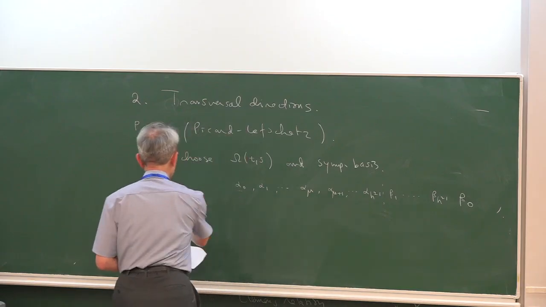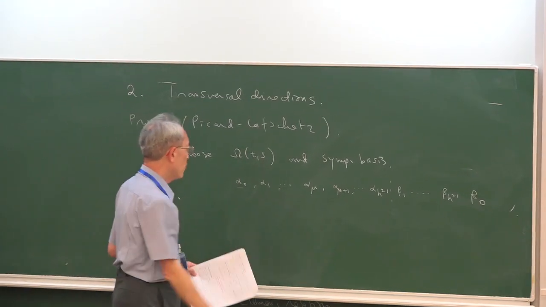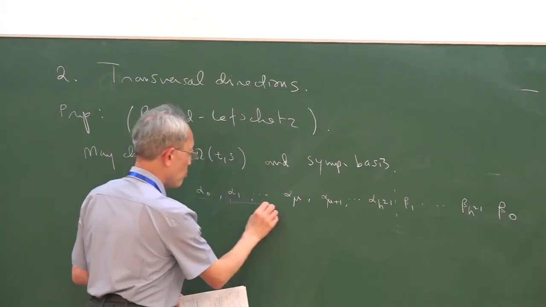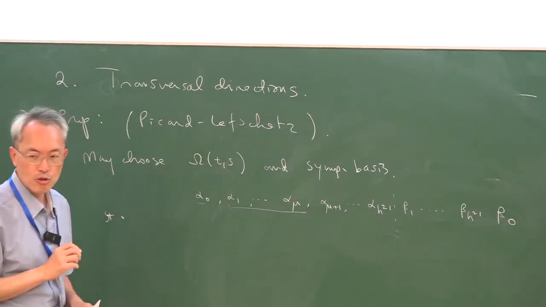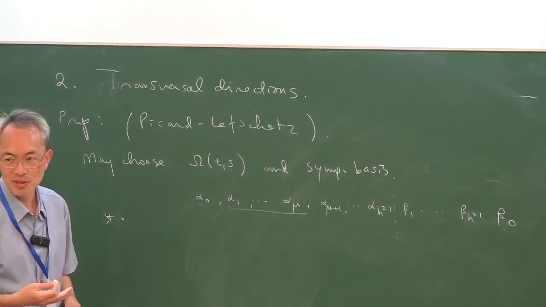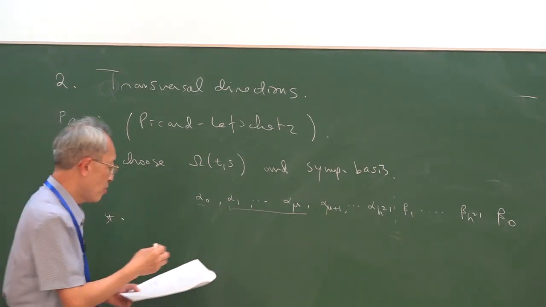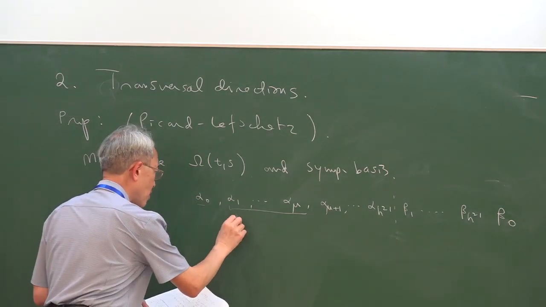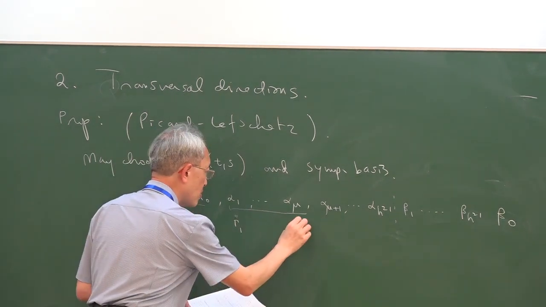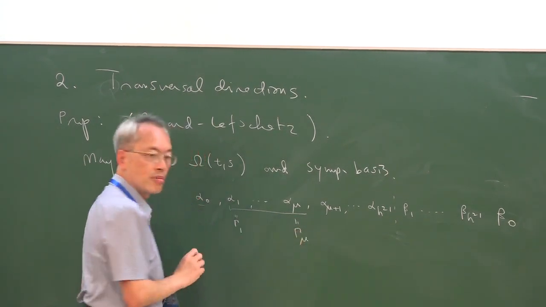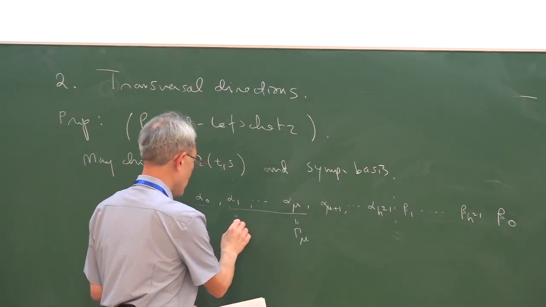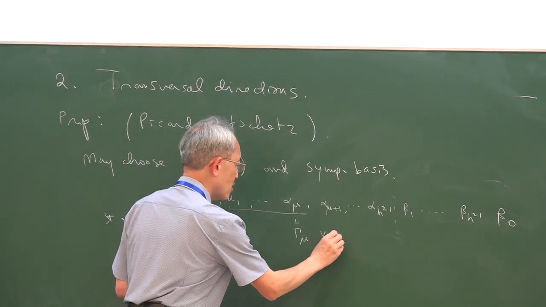Such that, for the first mu, usually we call this A cycle. But let's denote this by gamma 1, and this is gamma mu, because I really want to mean these are vanishing cycles.